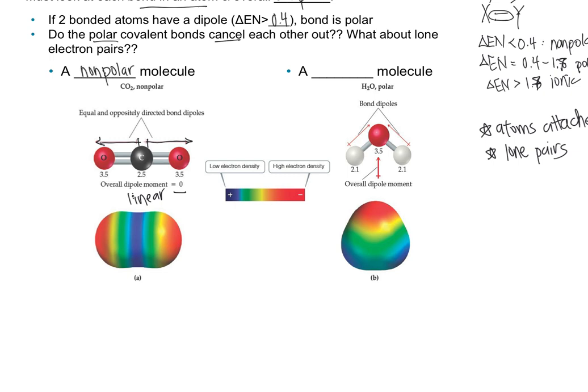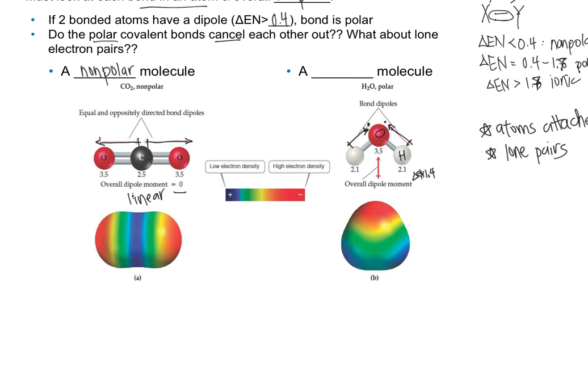When we look at water, on the other hand, we have oxygen bonded to two hydrogens. There's definitely a big electronegativity difference of 1.4, so it's definitely a polar bond. But with water, we know we have two lone pairs, making this a tetrahedral molecule. The oxygen pulls on the electrons in the bonds.